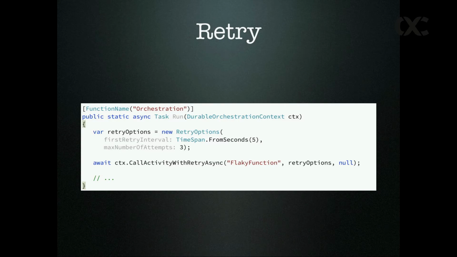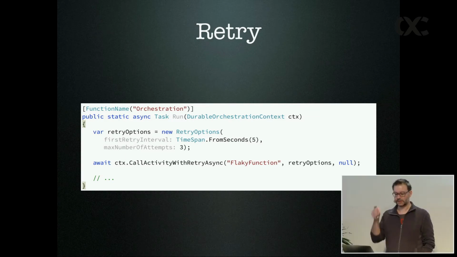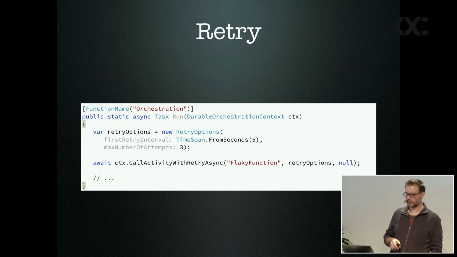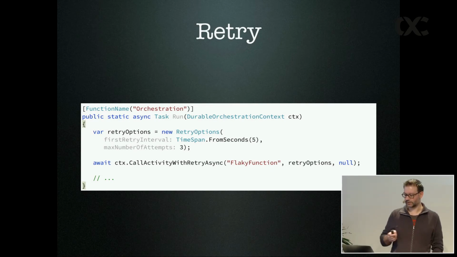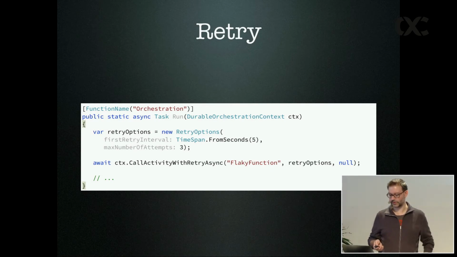You just want to check when I call a function which is deeply depending on resources which may be not available, like, I don't know, a flaky database, a database on a flaky connection, hybrid, or maybe an external web service, that's no problem. You just call activity with retry async and give the options in there. And I just wrote in 2 of the options. And on the next slide, I have a lot more options there.